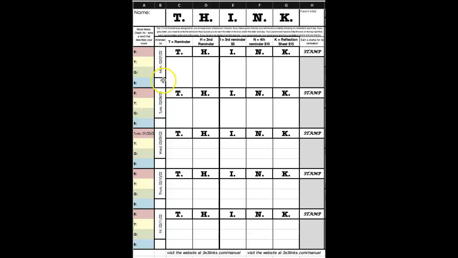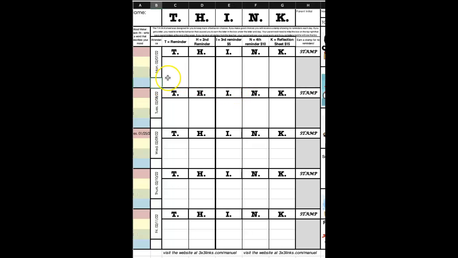And then in this little box right here, you're going to put your amount of money that you earned for attendance for the day. So $10 if you were here on time, 5 if you were late, and then obviously if you missed the day, then you'd come back and put 0.